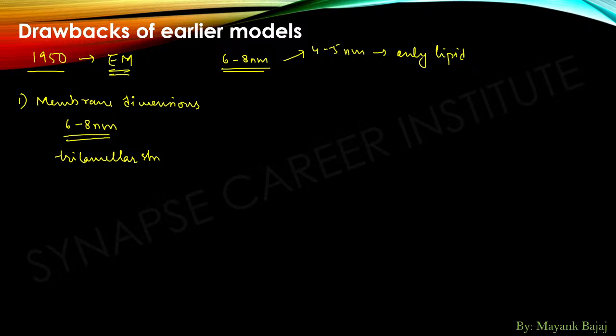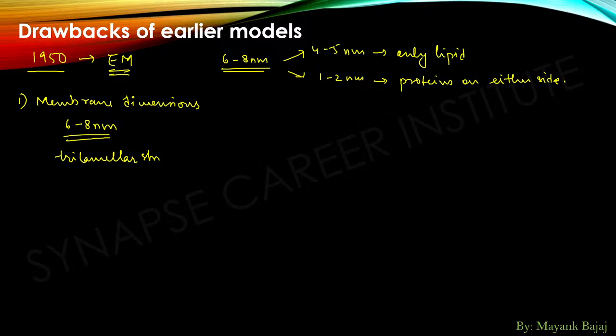Only 4 to 5 nanometers were lipid, whereas the 1 to 2 nanometer layer that was present was the proteins on either side, right? So 6 to 8 में से 4 से 5 नैनोमीटर सिर्फ लिपिड था, and 1 to 2 nanometer were the proteins which are present on either side.